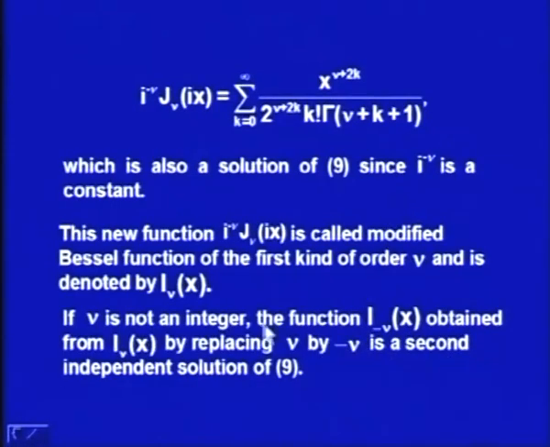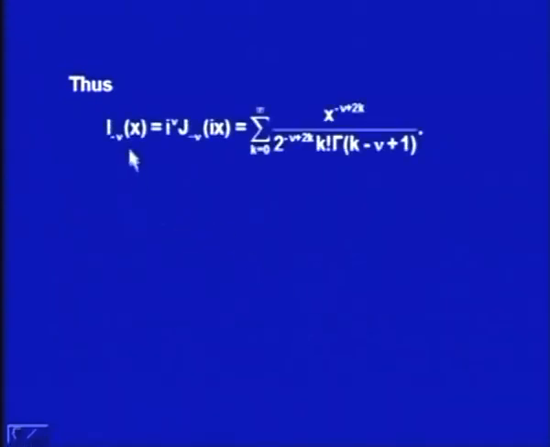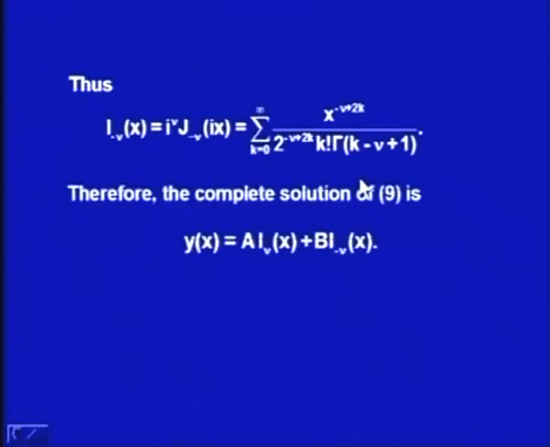Now, if nu is not an integer, the function I minus nu (x), which is obtained from I nu (x) by replacing nu by minus nu, is then a second independent solution of equation 9. Thus I minus nu (x) is equal to i to the power nu into J minus nu (ix), which is equal to sigma k equal to 0 to infinity x to the power minus nu plus 2k over 2 to the power minus nu plus 2k into k factorial gamma (k minus nu plus 1).